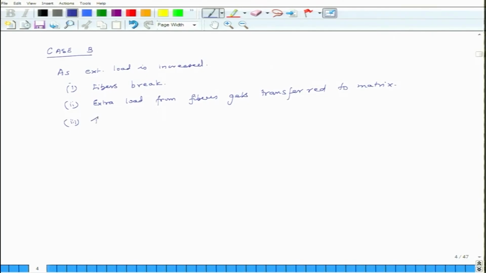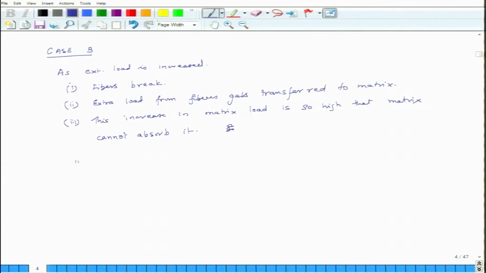Third, this increase in matrix load is so high that the matrix cannot absorb it.